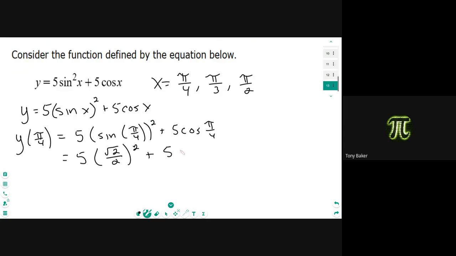And then cosine is also square root of 2 over 2. All right, do pi/3 and pi/2.